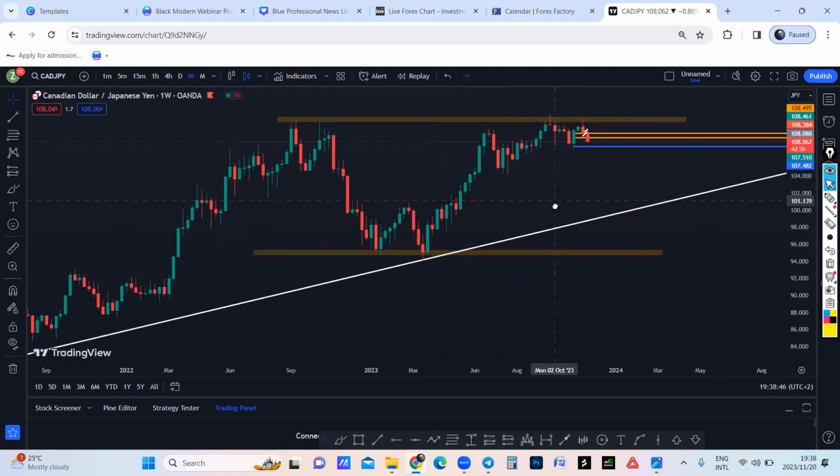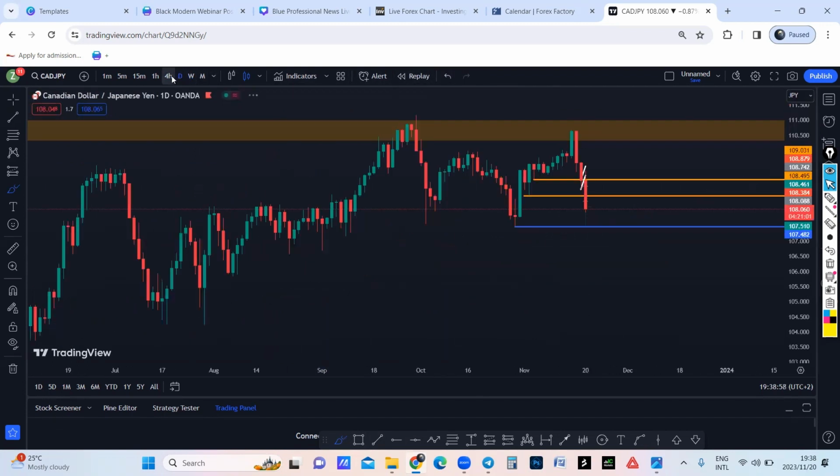Checking the weekly time frame, the market made a high here and now is trying to respect that high. So that's good for us to continue to look for sells. On the daily, you can see some sort of a triple top formation, although it's not a clear one, the market is making a sideways market here.